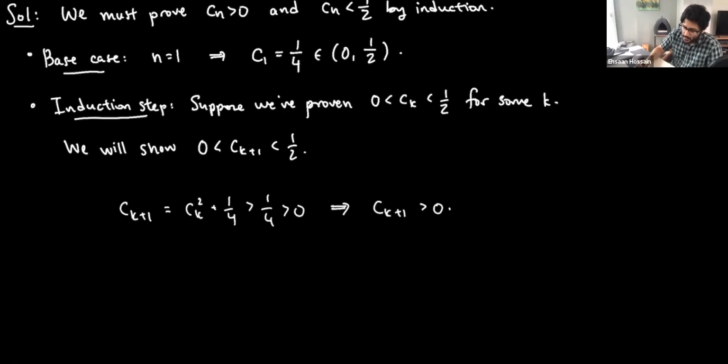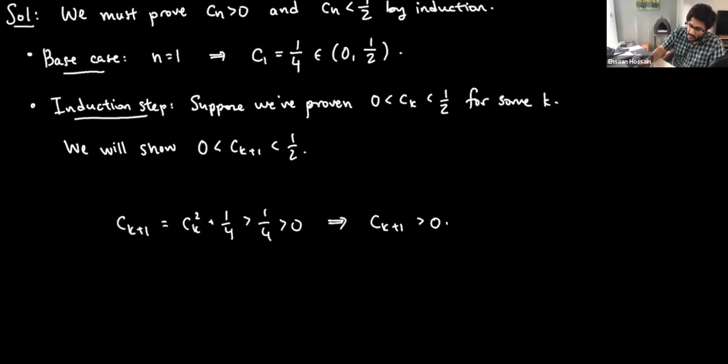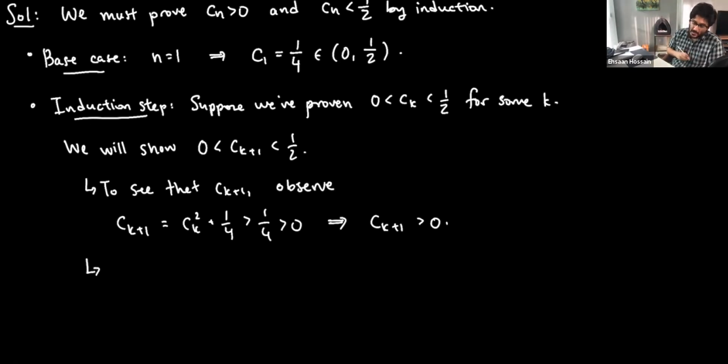It's probably better to put a little sentence in the middle here. I should have said, to see that c of k plus 1 is positive, observe this. Just announcing what I'm proving so that the TA, who is usually the reader, doesn't get confused. Sorry, that wasn't a full sentence.